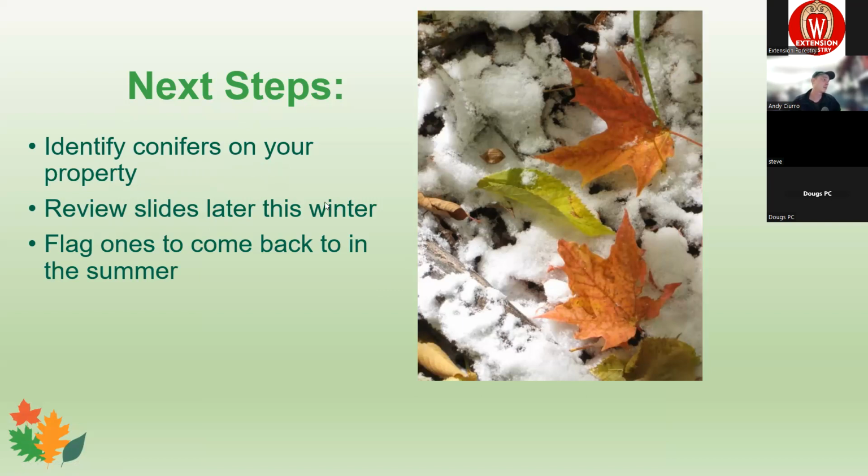Another thing would be to review these slides later. Get yourself Michigan Trees, and some other field guides if you prefer those, later this winter, so that you're ready to ID some trees this summer. And I think there's a winter key included in the email as well, so you can give that a shot.